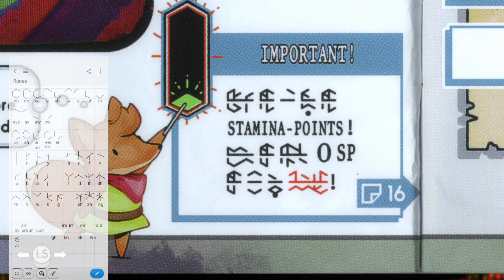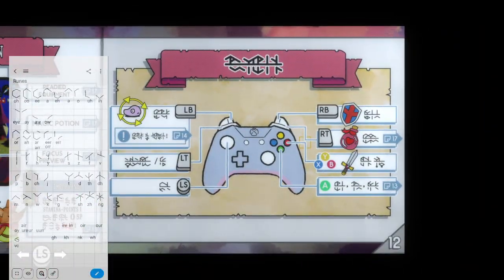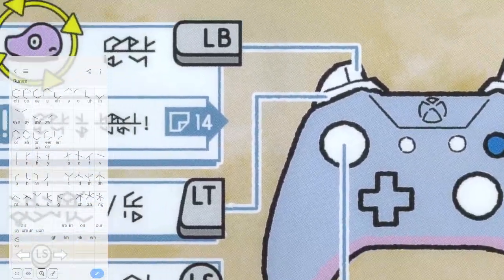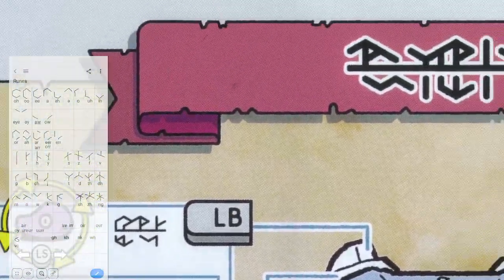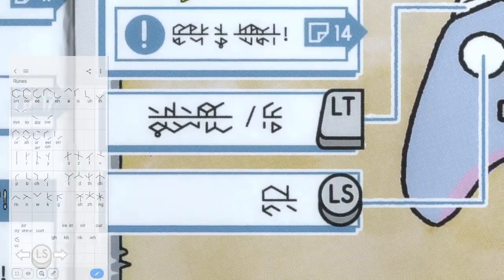Keep your eye on your stamina points. When you have 0 SP, you are in danger. Okay. Read all of this before, haven't we? Focus controls. Focus is crucial. See page 14.